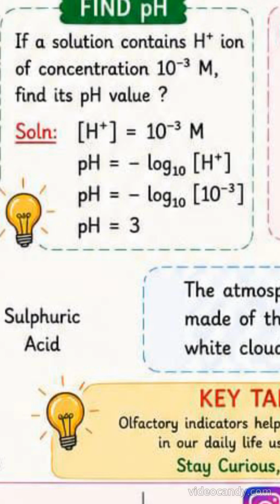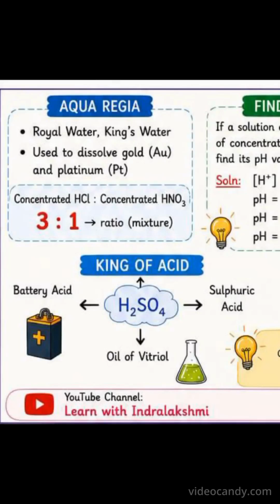Using the log formula, the base 10 and the 10 to the power minus 3 cancel out, so the answer is 3. You can remember this quick trick: whatever the power of the molar concentration value, that is the pH.